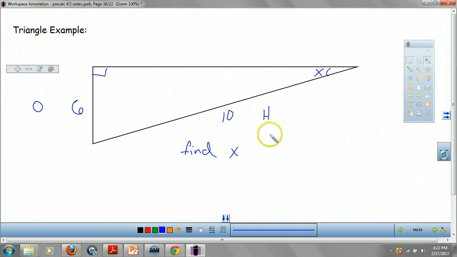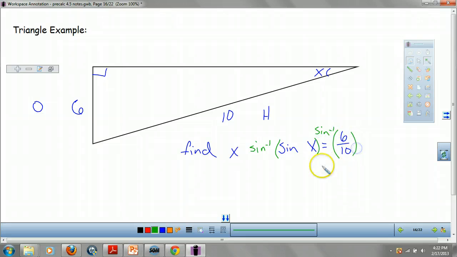So we set up our equation. Sine of x equals our opposite over our hypotenuse, right? Now, how do we get rid of sine? We're going to have to sine inverse both sides. So those cancel.